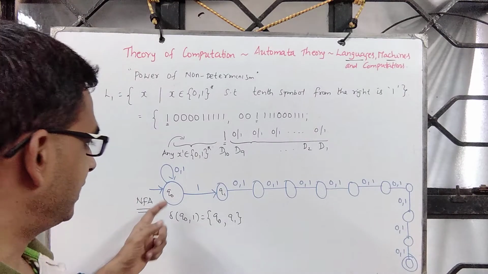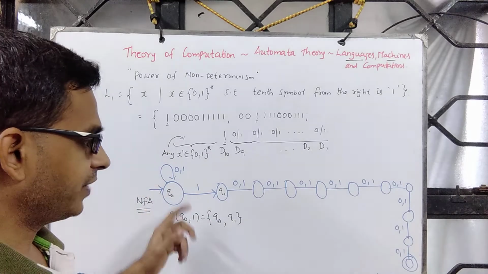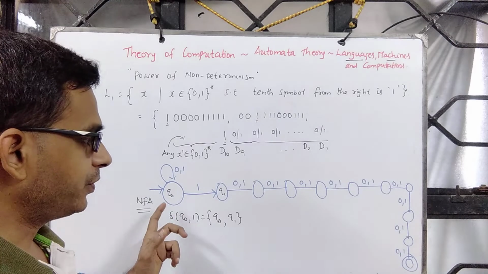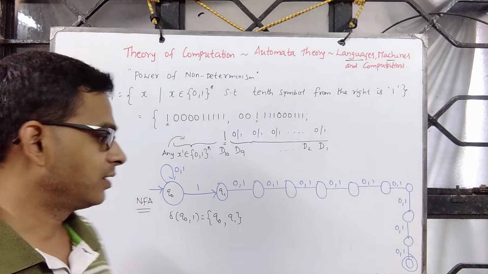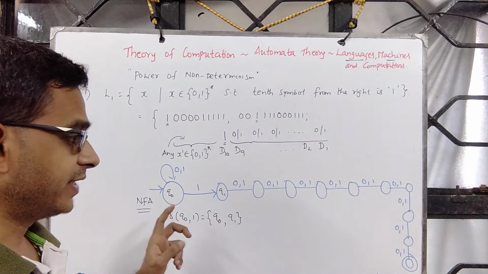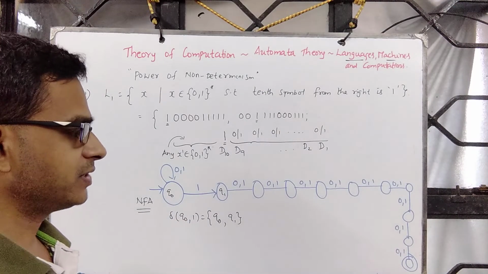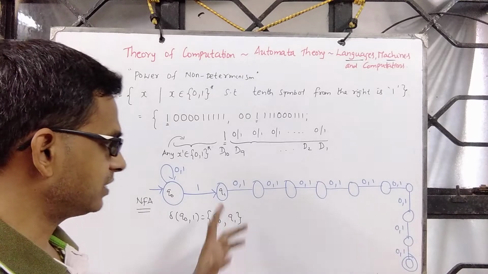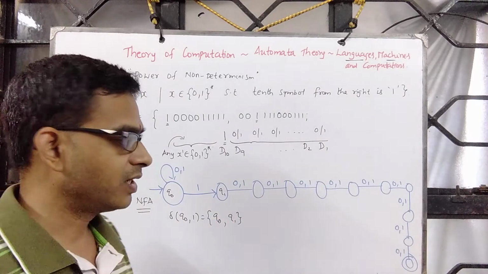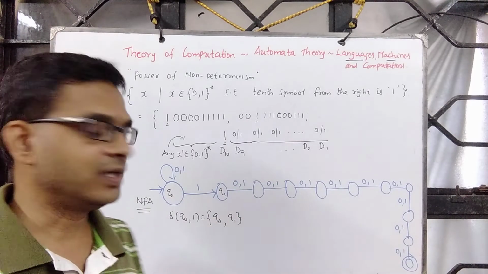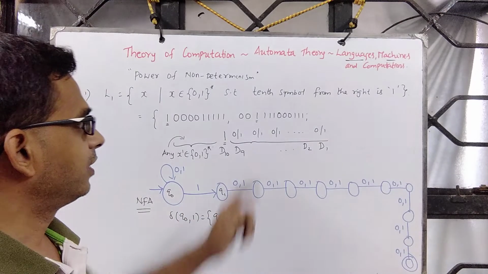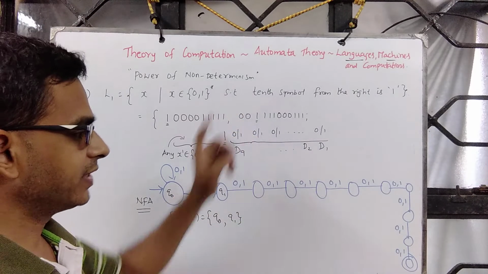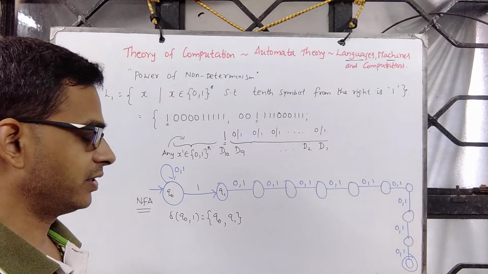So this kind of guessing helps you to discover at least one accepting path, whereas guessing is not allowed as far as the deterministic machine is concerned. So which means one has to remember all of this information about the last 10 symbols read to say whether the string is part of this language or not.